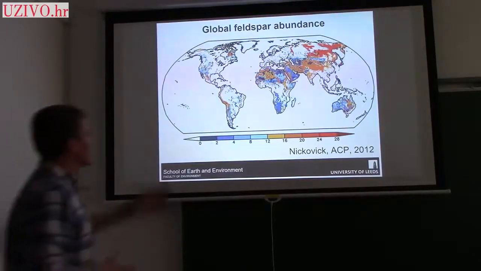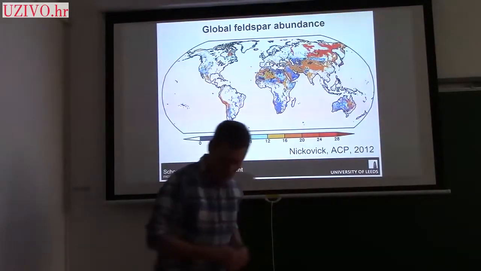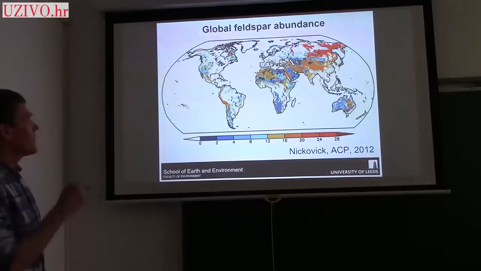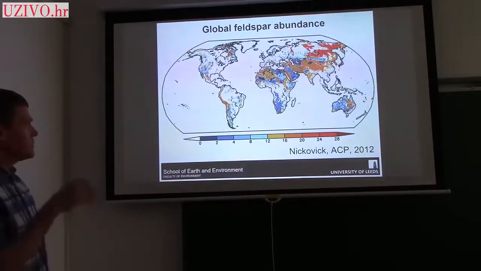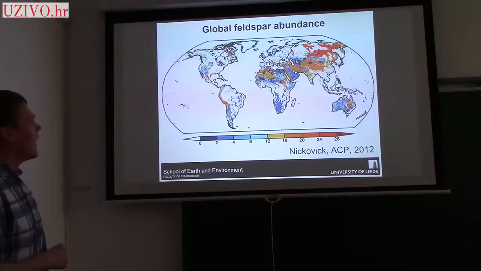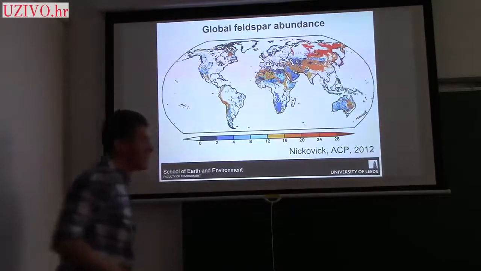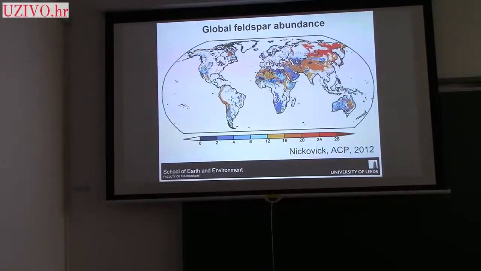And this is Feldspar. Feldspar is a very predominant mineral, and it's one of the ones that's been identified as being a very effective ice nucleating particle. And you can see the distribution, the abundance of them across the planet is very different.